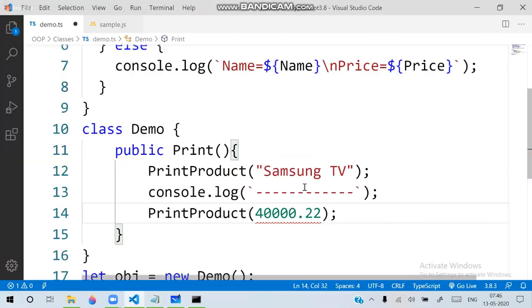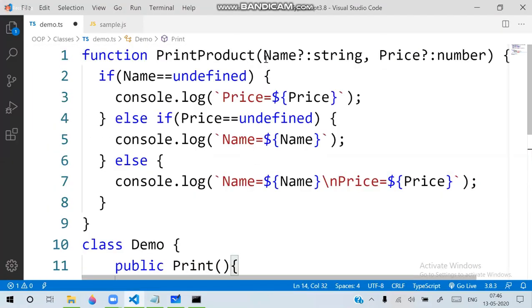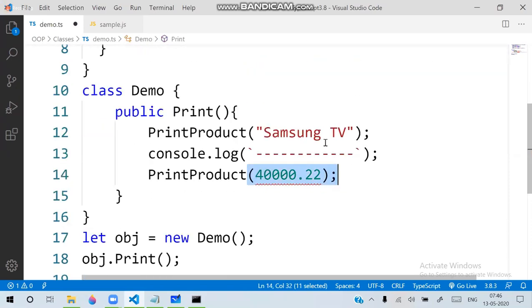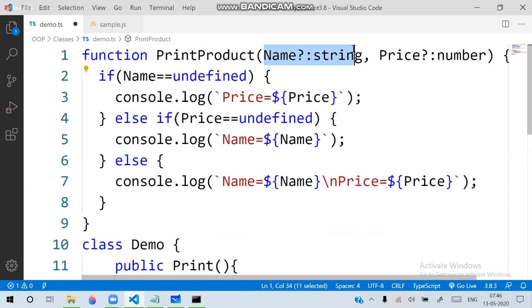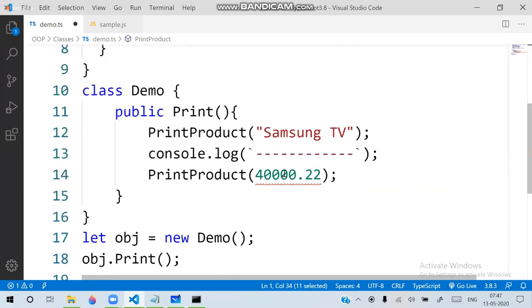That means without passing name, you cannot pass price even if it is an optional parameter. You cannot pass that.